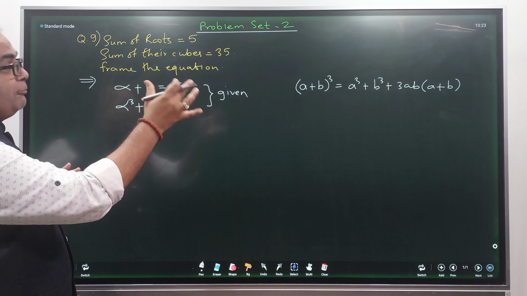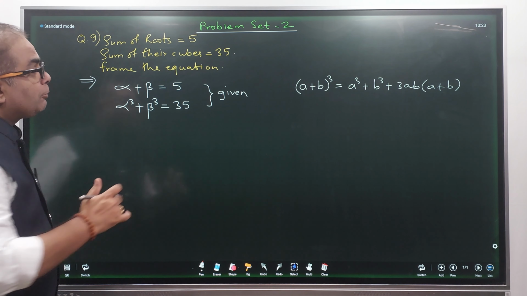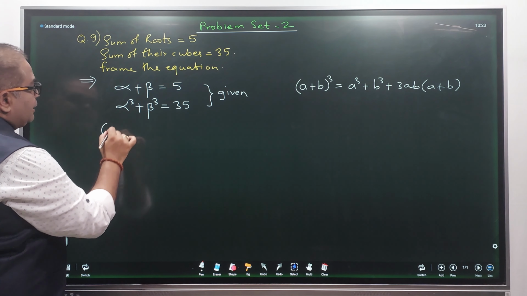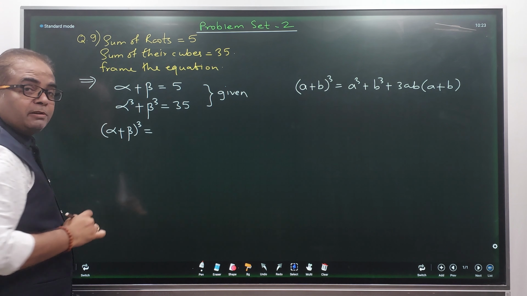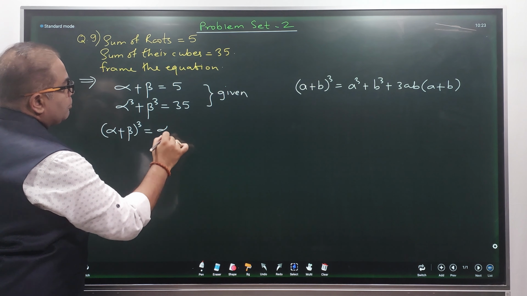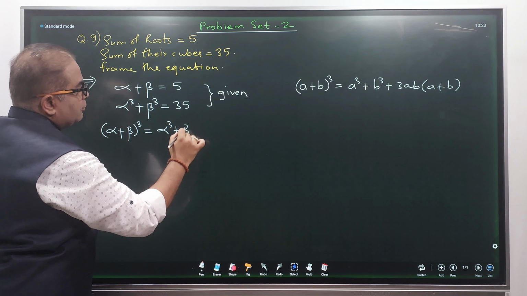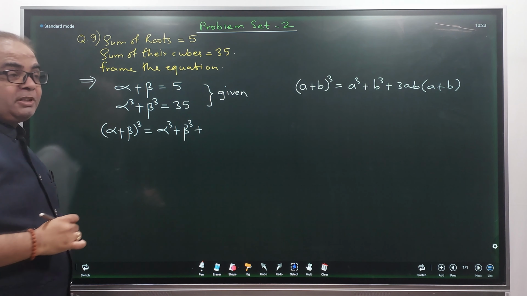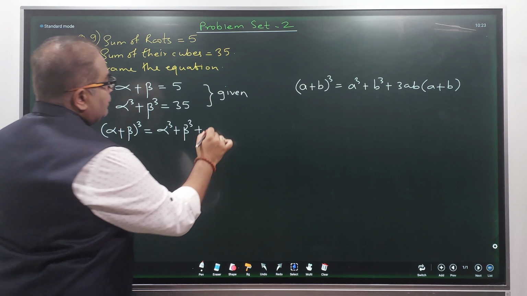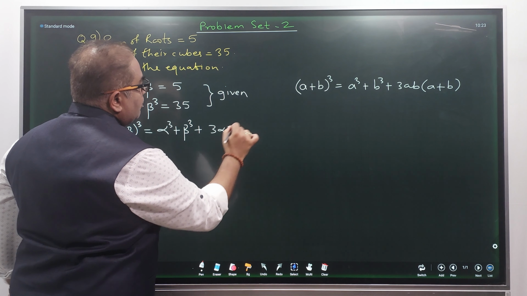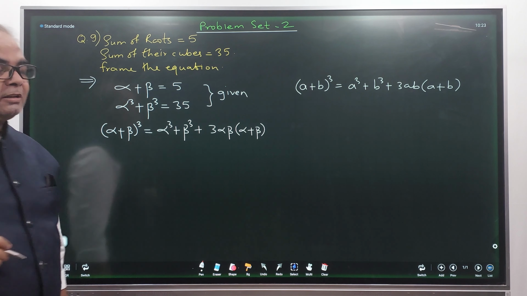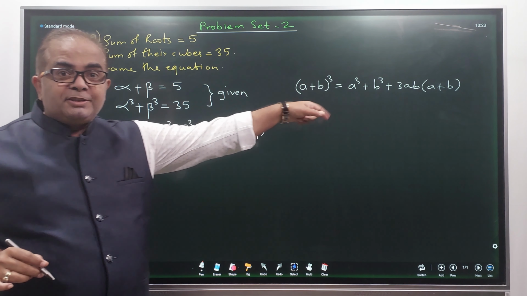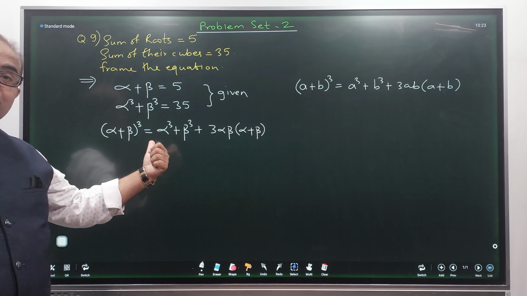Now the same will convert into alpha and beta. So what can I write? (alpha plus beta) cube is equal to alpha cube plus beta cube plus 3 alpha beta (alpha plus beta). Correct? Instead of a and b I have just replaced it with alpha and beta.